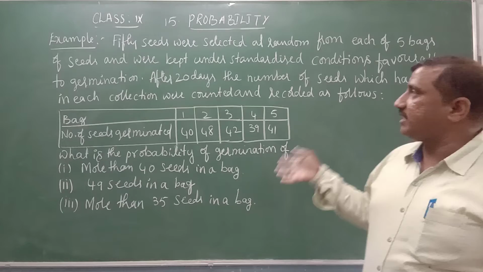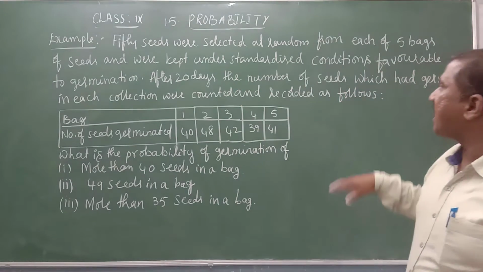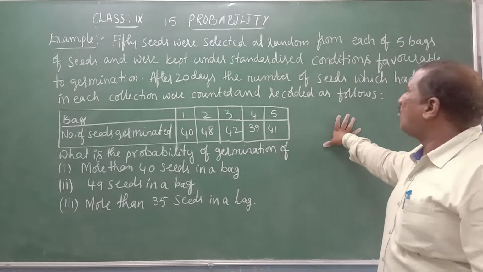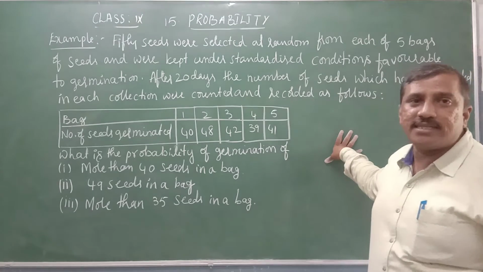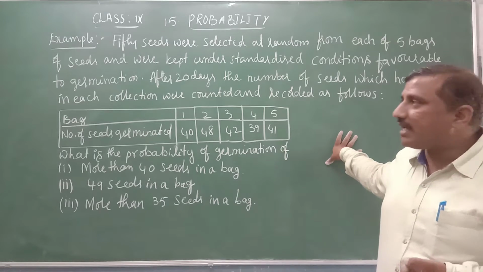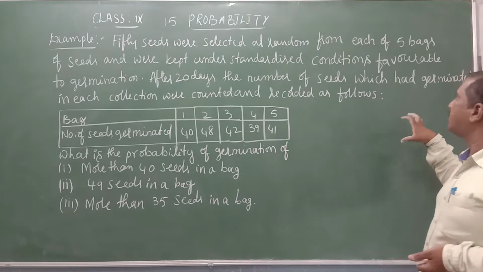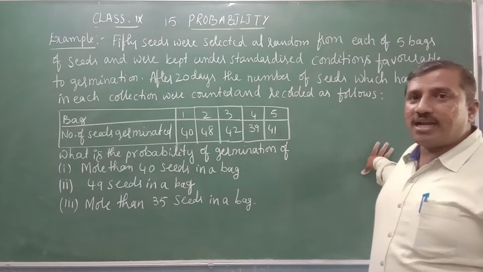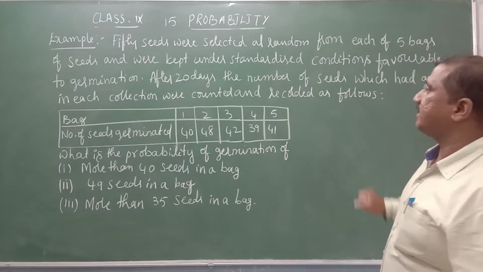The 5 bags of seeds were kept under standardized conditions favorable to germination. What do standardized conditions mean? That is water level and sunlight, those conditions which are helpful for germination of the seeds. The seeds were placed in those conditions.